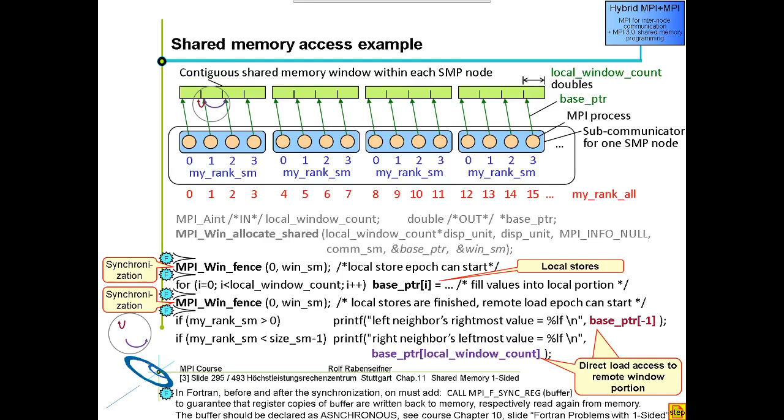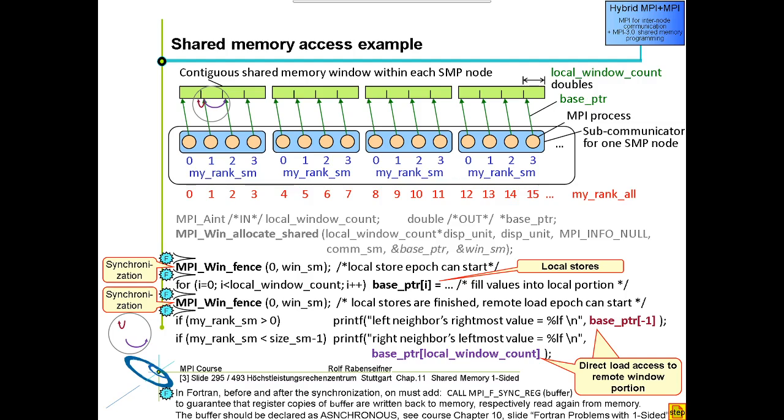So we are seeing here an example of how this works for the case where we want to print the values of the neighbors of each of the elements within one shared memory node.